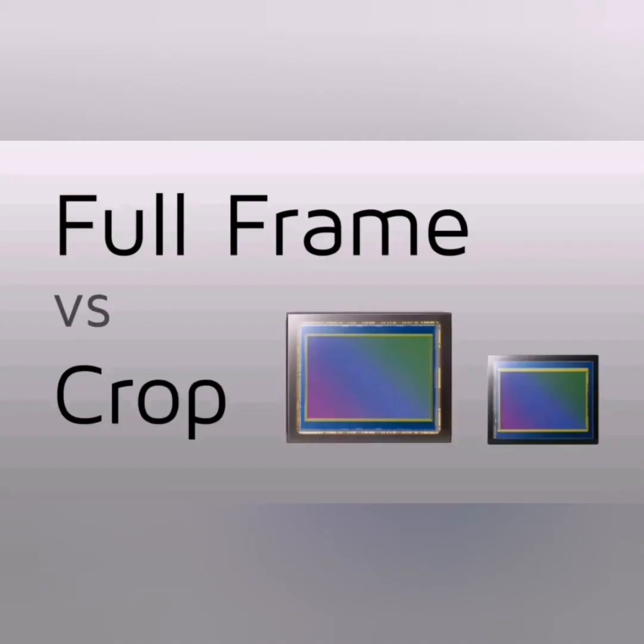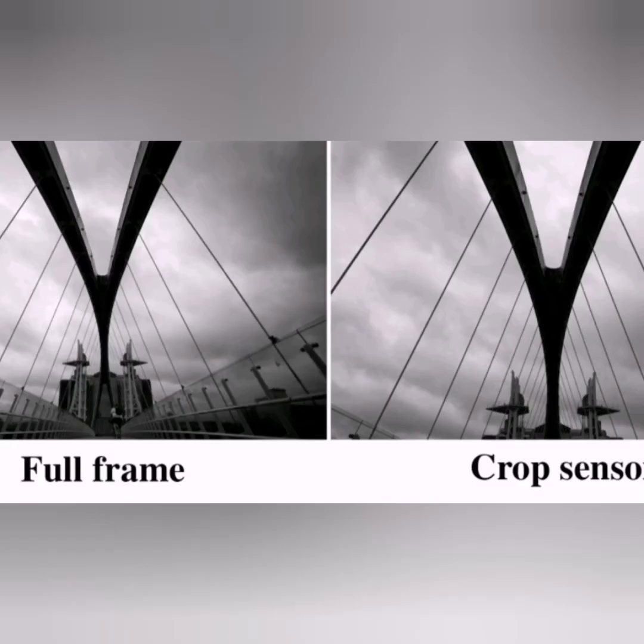This is the photo that shows how the full frame is different from the crop. The most visible difference between full frame and crop sensor is their field of view. In fact, the term crop implies just exactly that. The smaller sensor's field of view is a crop of the full frame.